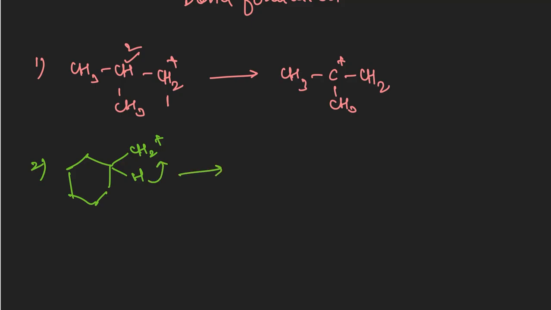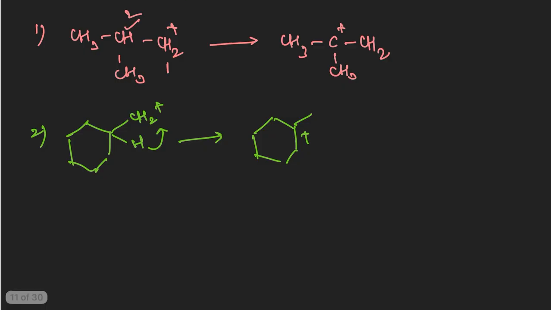Why? Because after shifting this hydrogen, the carbocation we are getting is more stable because it is 3 degree carbocation. Initially it was 1 degree, now it is 3 degree. And the hydrogen which shifts is the one just next to the carbocation. Not a 1-3 shift, only a 1-2 or alpha beta shift takes place.